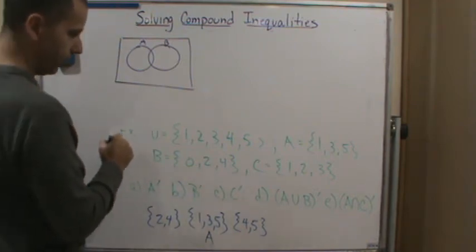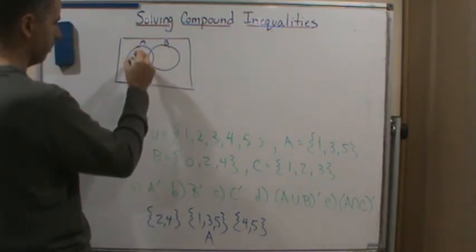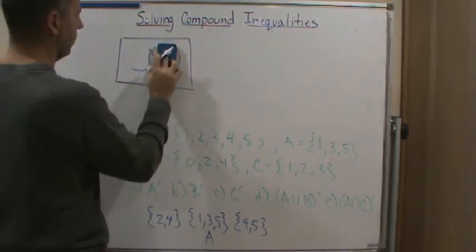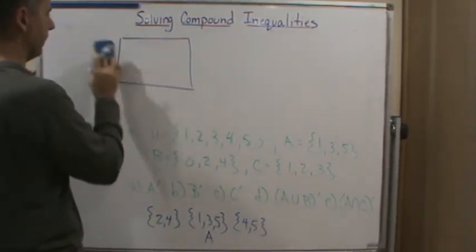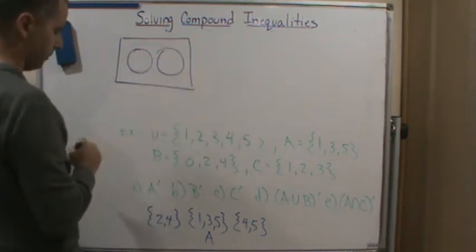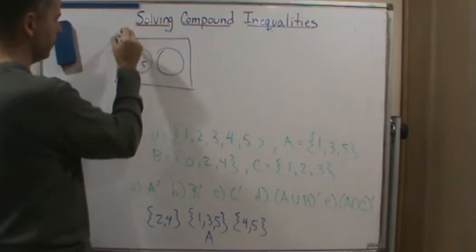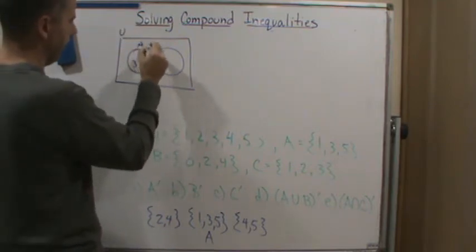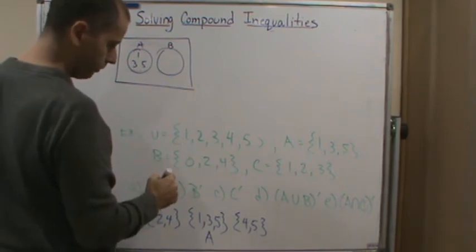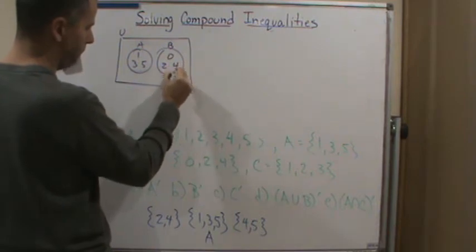Oh, so they're disjoint. Let's do this correctly. So this is U, and this is A and B. A is 1, 3, 5, and B is 0, 2, and 4.